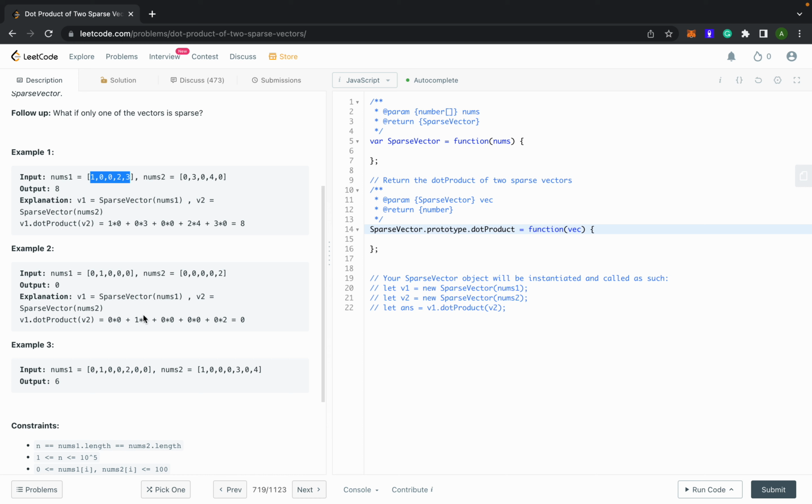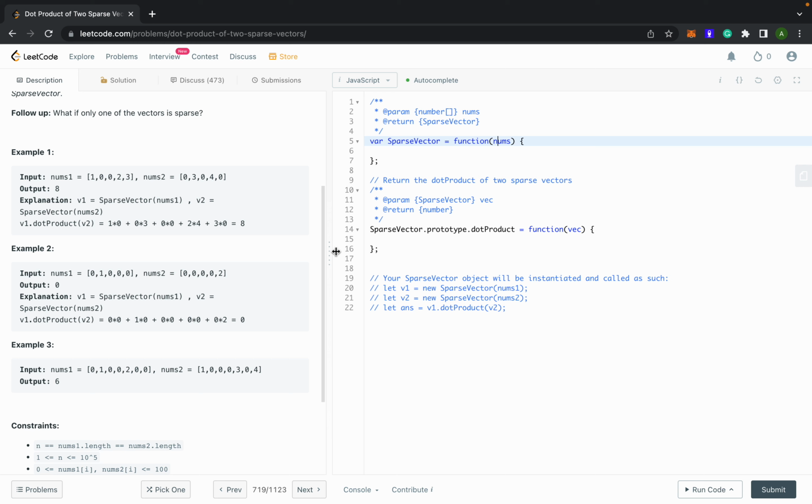So that means I don't need to bother about doing any multiplication for any zero values. If one of the arrays, either nums1 or nums2, has 0 in a particular position, then I don't have to bother about it. That seems pretty straightforward to me.